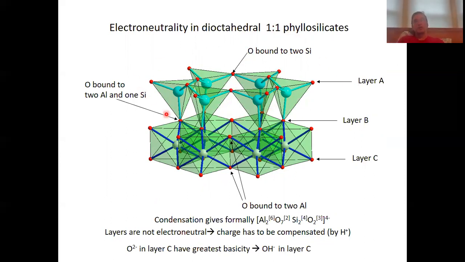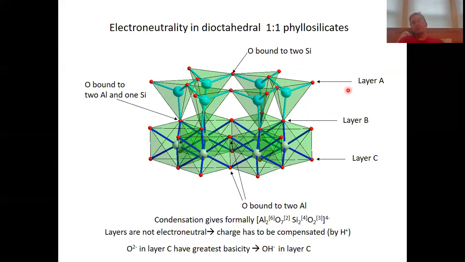So you see here the tetrahedra, and you can see here some of the octahedra. So you can see that we have different coordination numbers for the different species. All silicons are tetrahedrally coordinated, and of course all aluminums are octahedrally coordinated. But what about the oxygens?